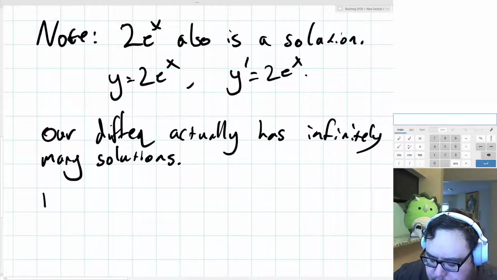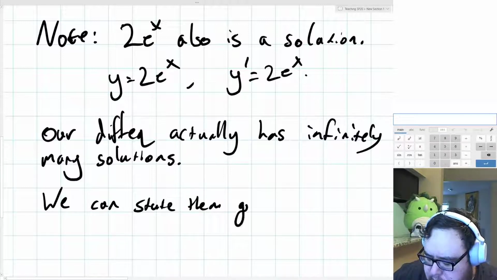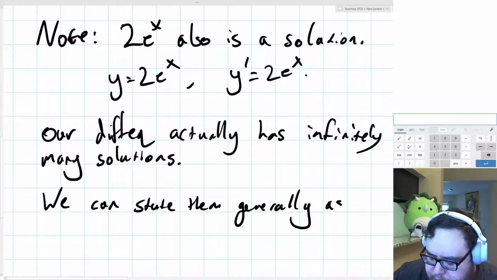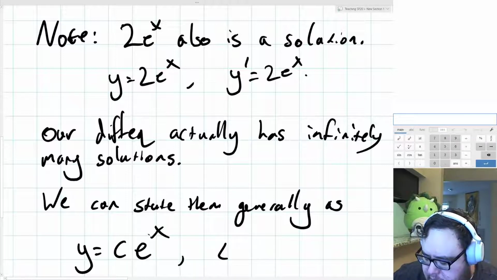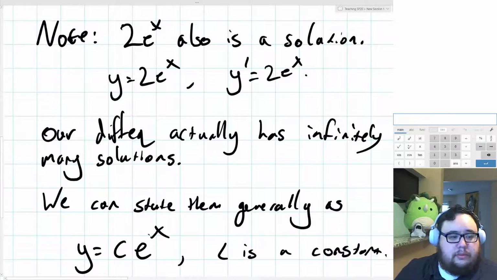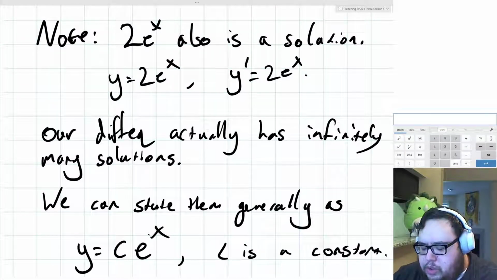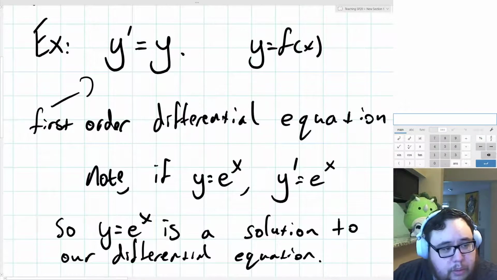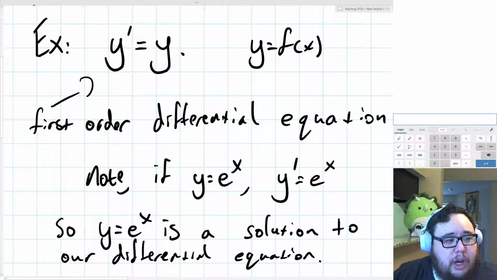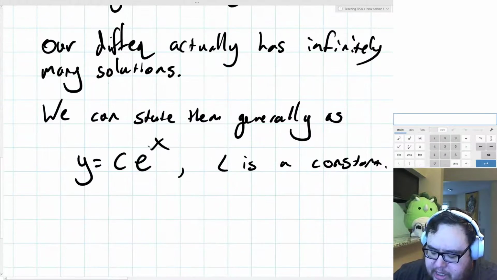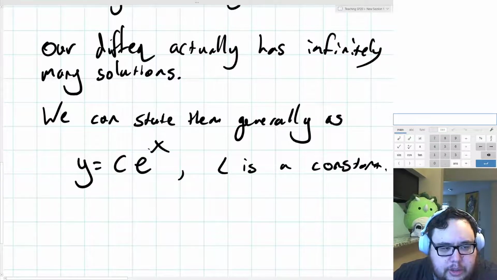And we can state them generally as y equals c times e to the x, where c is a constant. The other obvious example that might jump out as a solution is 0. If y is equal to 0, the derivative of 0 is also 0. It lives in the same family as e to the x. It's just the case where the constant is 0 itself.